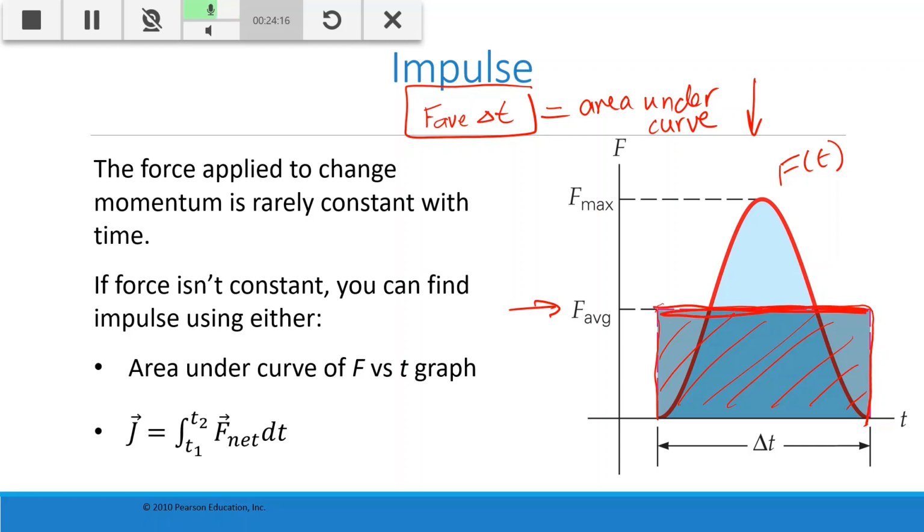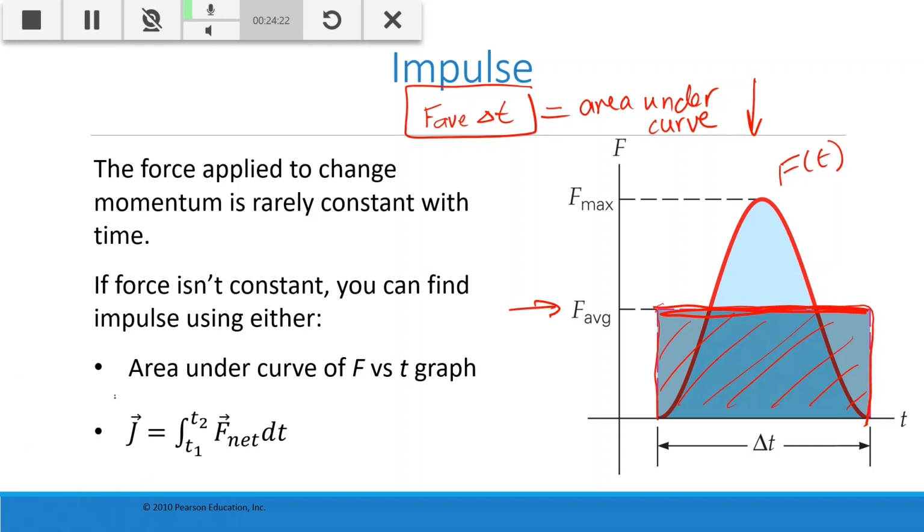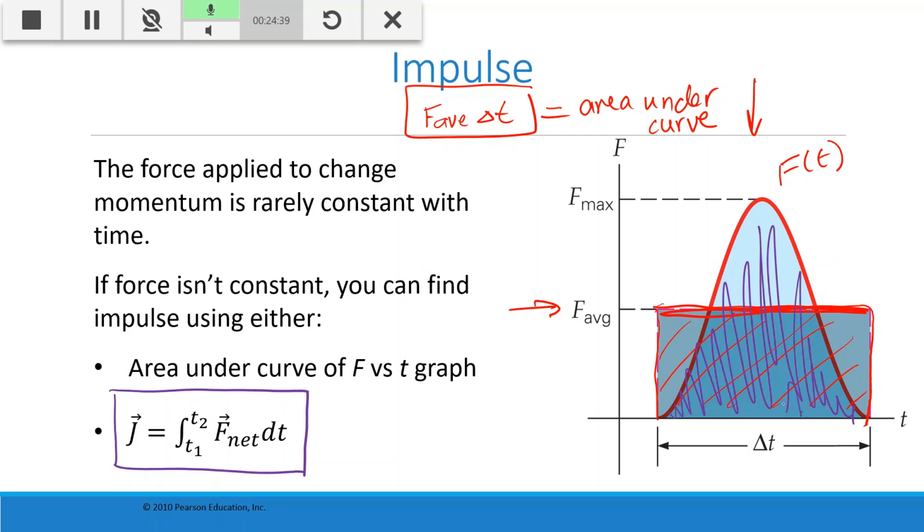Well, in calculus, the process of taking an area under the curve is integration. So therefore, the actual definition in one of its most precise forms is going to be the integral between t1 and t2 of F net dt. So that would be finding the area under the curve of this whole function here.